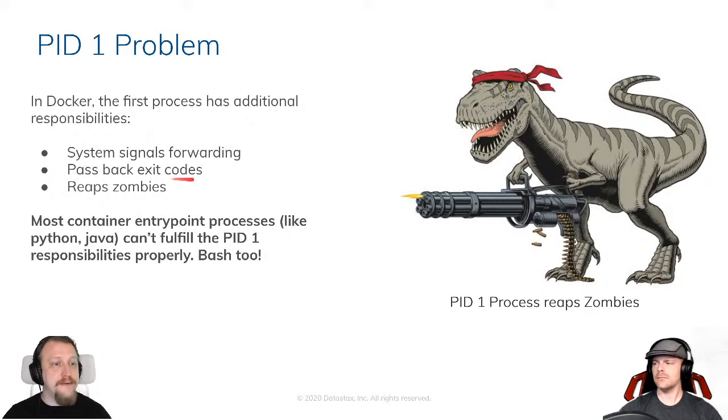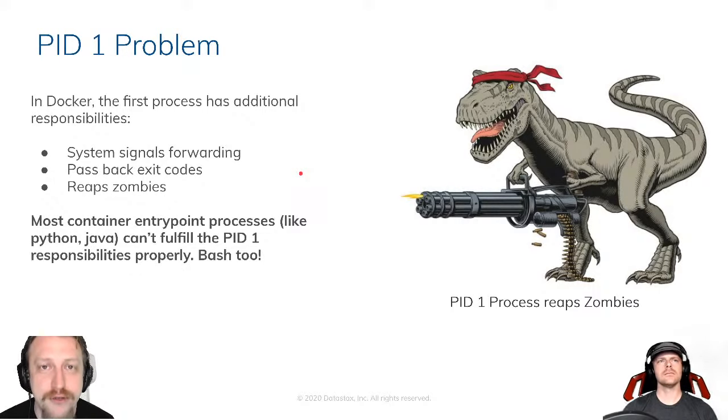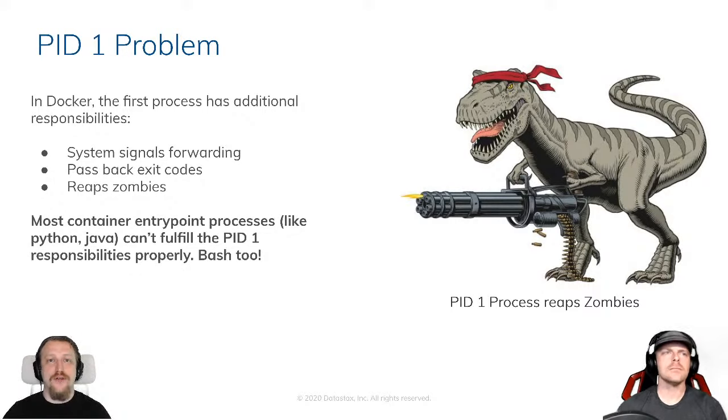And then finally, system signal forwarding, and that's exactly the point we mentioned before with David. When you want to close your application in docker run, and you push Ctrl+C and nothing happens, it means the PID1 process doesn't pass through signals or doesn't process signals.